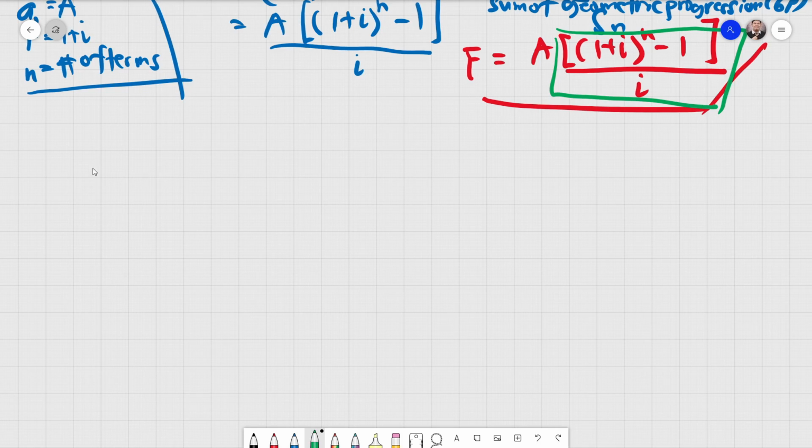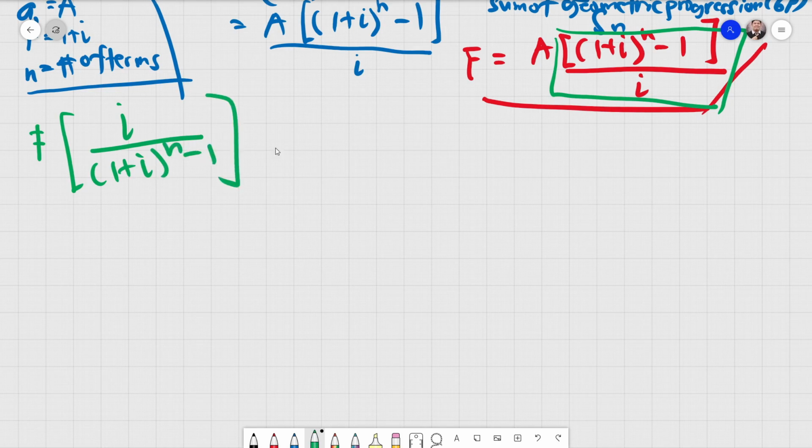When we do that, ang mangyayari sa ating left side ng equation ay F multiplied by I all over 1 plus I raised to n minus 1. Meanwhile, sa right side, dahil minultiply lang natin siya sa reciprocal niya, so this cancels out. Matitira na lang sa right side is A. Rearrange lang natin.